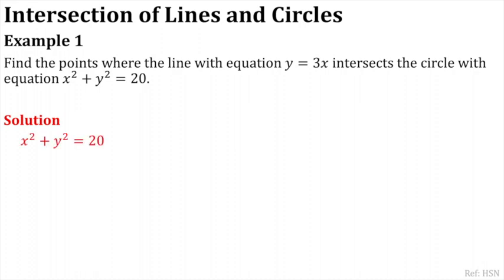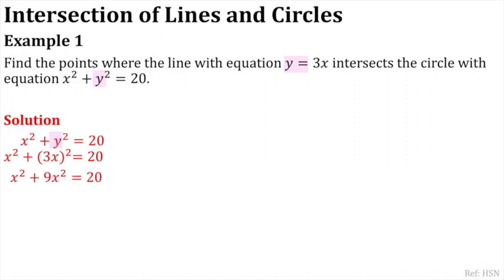So you can see here that we've got the equation of our circle, and the equation of our line is y equals 3x. Now, within the equation of our circle, we also have a y. So instead of y, we're going to put 3x. So we've got x squared plus 3x all squared equals 20.